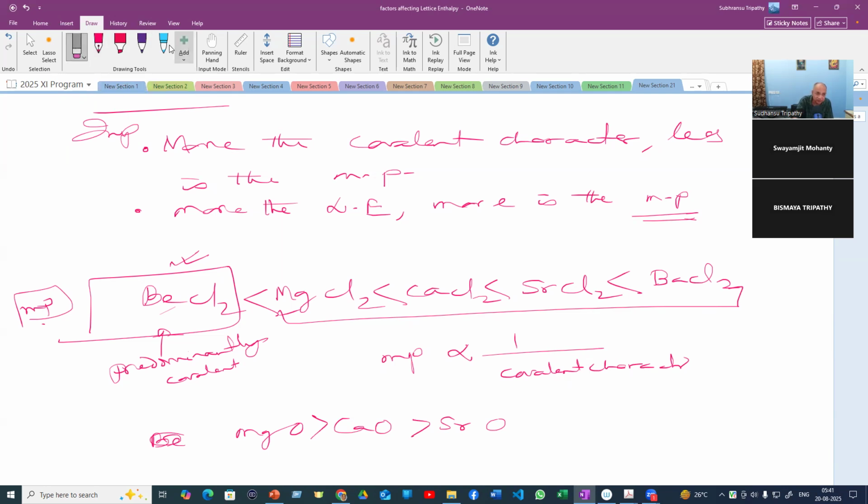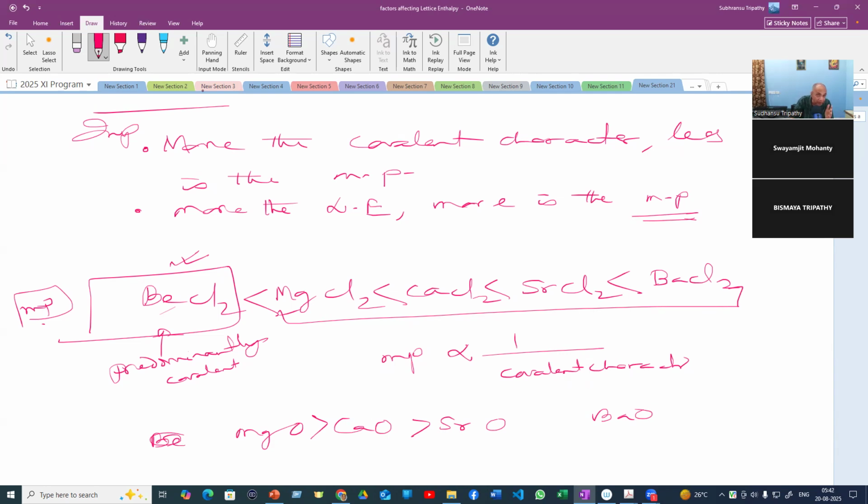But because they're predominantly ionic, but beryllium oxide having some appreciable covalent character. I don't say like chloride, which is a big size anion having good polarizability. So beryllium chloride was declared to be predominantly covalent, but I don't declare beryllium oxide as predominantly covalent. It is having appreciable covalent character because of beryllium 2+, but it is predominantly ionic.